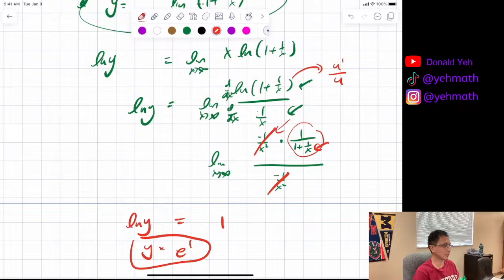And why is e so good? E is really special. It's one of the most special numbers in the world. It's more special than pi. You can agree or disagree. It doesn't matter. It is special.